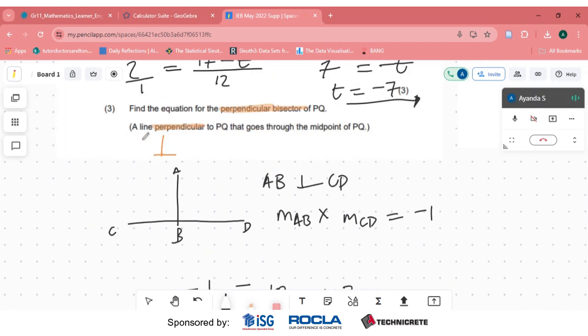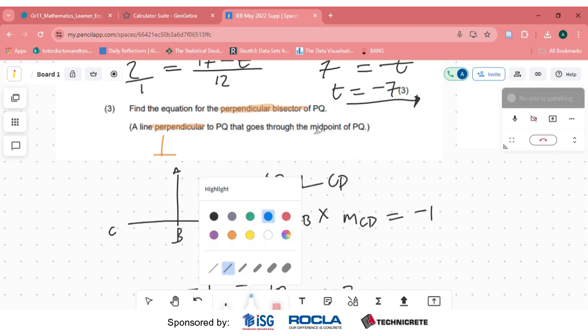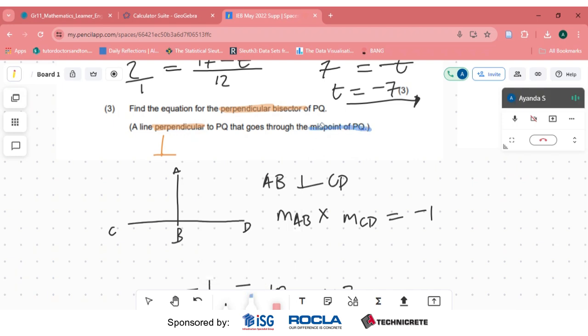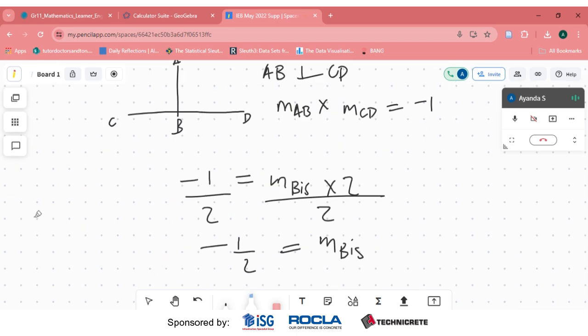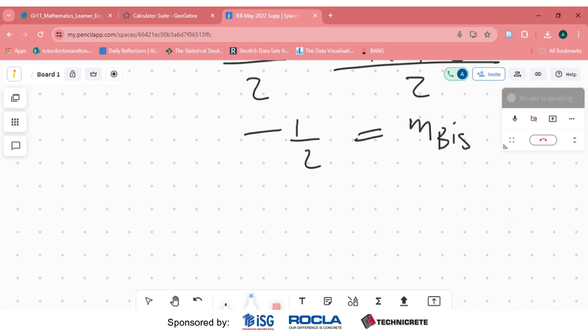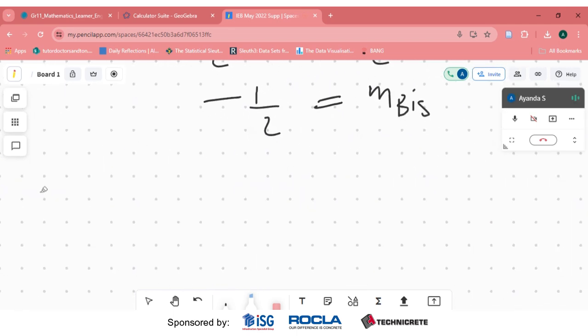We're also told that this line that's perpendicular to PQ goes through the midpoint of PQ. So what we can do is use our midpoint formula and find the midpoint of PQ.